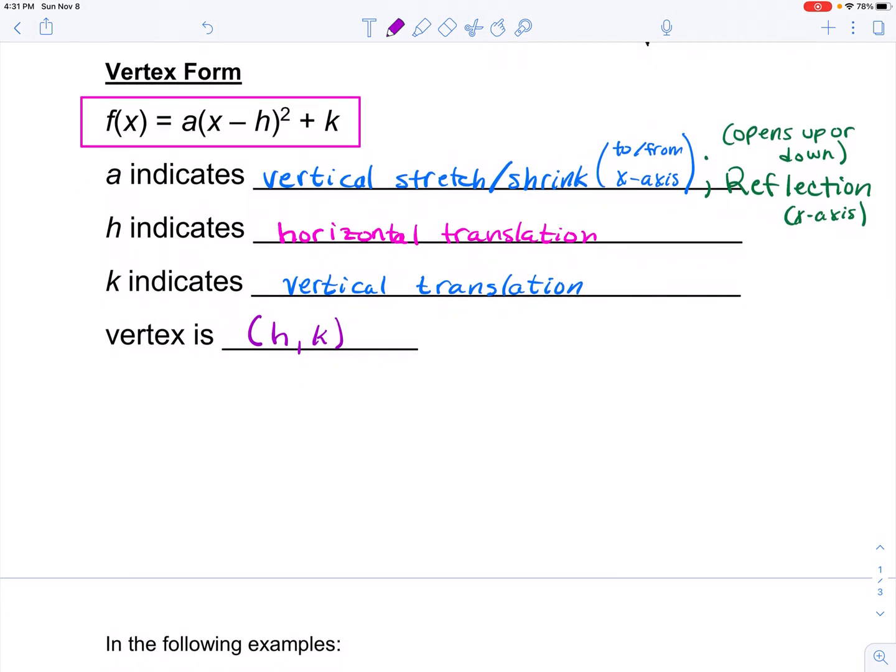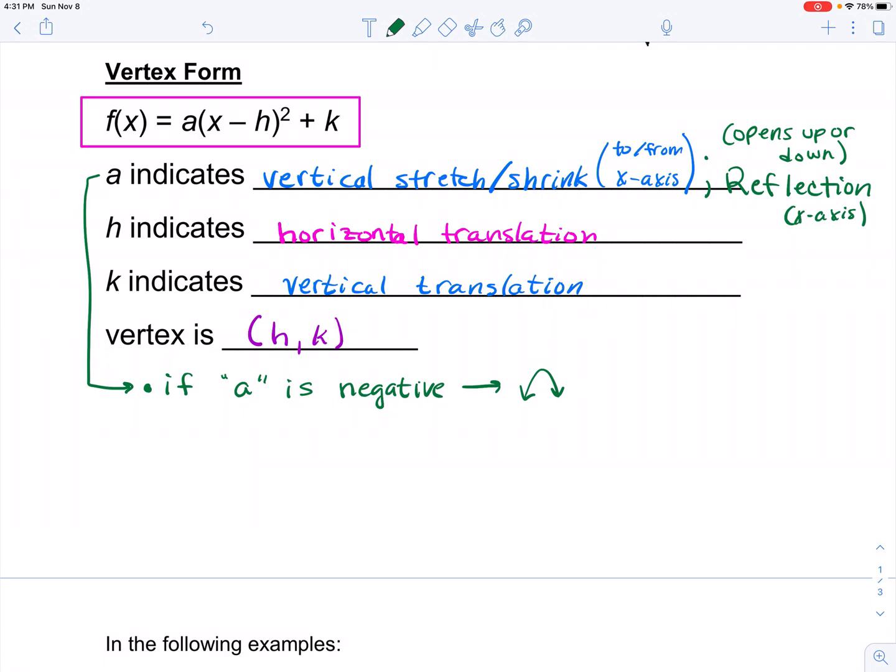Okay, so let's talk about the a a little bit more. If your a value is negative, that means there was a reflection, so it's going to look upside down.